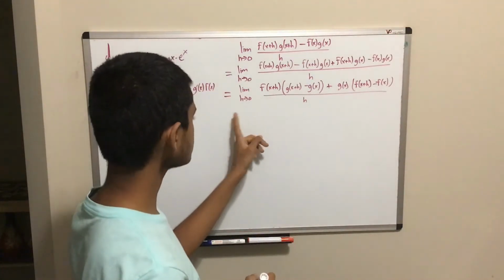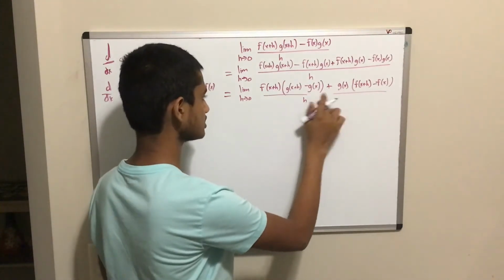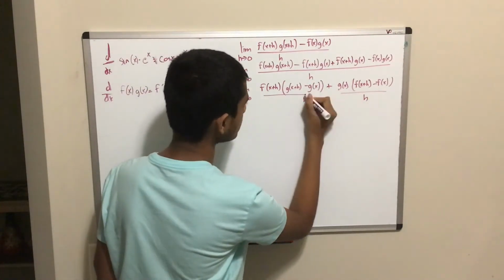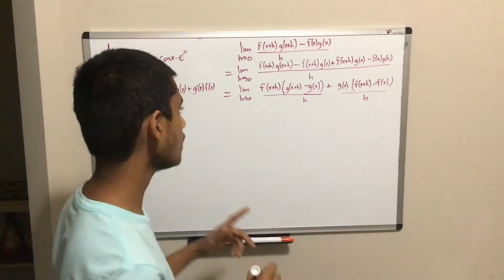And now what I can do is actually split these two terms apart. I can just split the fractions apart and make it look like this. And now I can split the limits apart, and you'll see why that's going to help us.